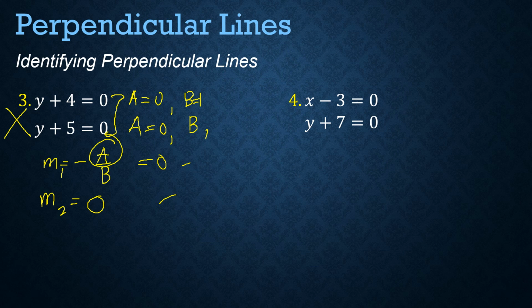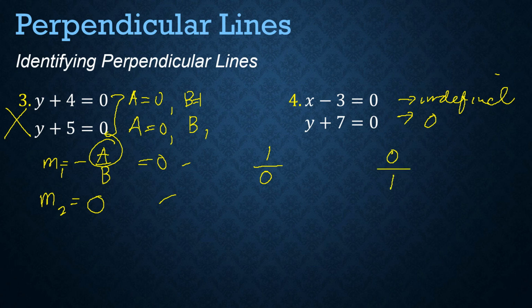Let's have number 4. X minus 3 is equal to 0. The slope of this one is undefined, and the slope of y plus 7 is 0. Now remember that undefined means the denominator is 0. You can say 1 over 0. That makes it undefined. And 0 can also be 0 over 1.